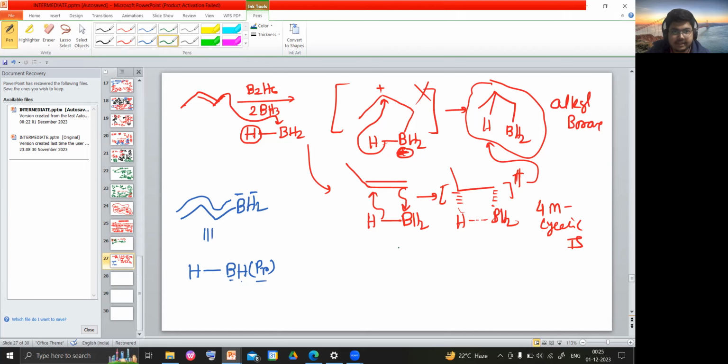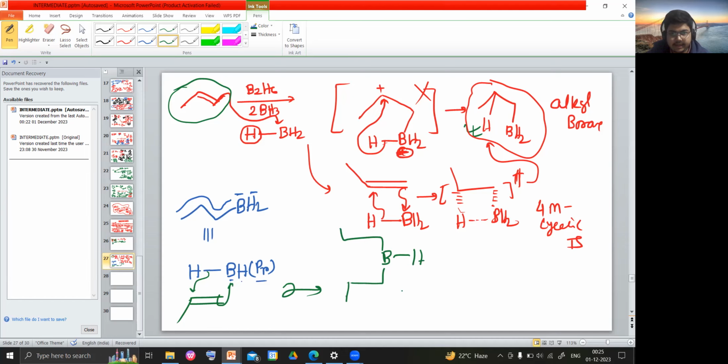Now again, the product is itself a boron compound, and it can again react with this alkene like this. Again there is a four-member transition state, B-H with a propyl group, and again this can react with another molecule of propene, and this will lead to B with propyl, propyl, propyl.